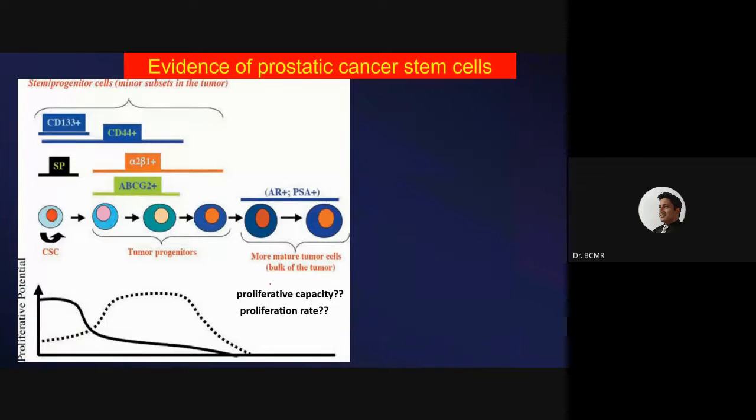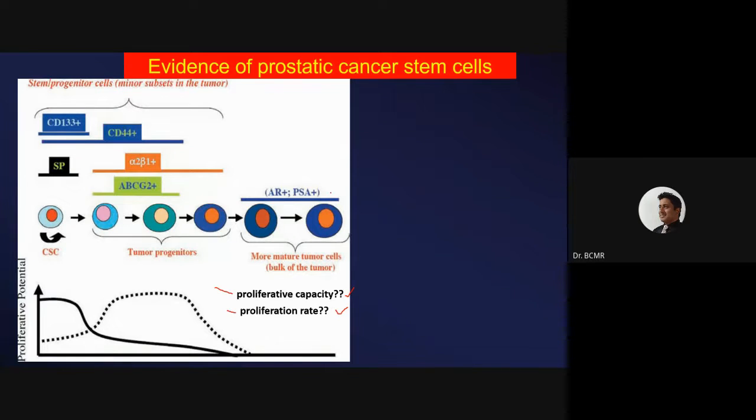And we also discussed what is meant by proliferative capacity and proliferation rate. Proliferation rate is high for transit amplifying cells. Proliferative capacity is high for the stem cells, and the differentiated cells do not have either of them.